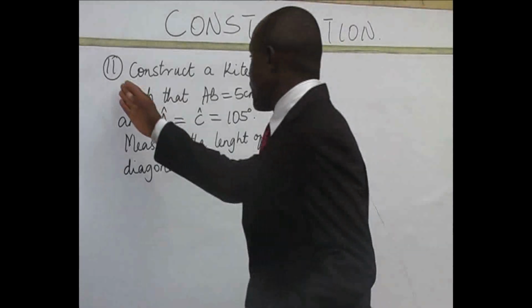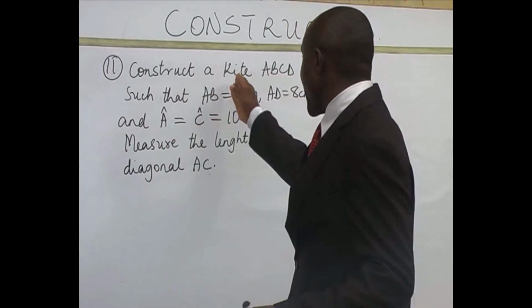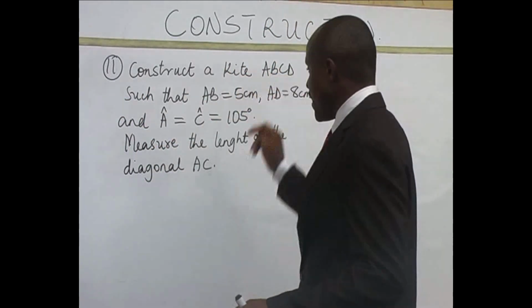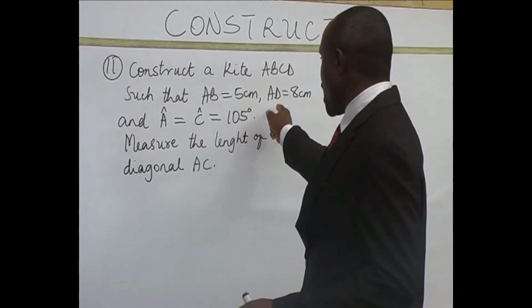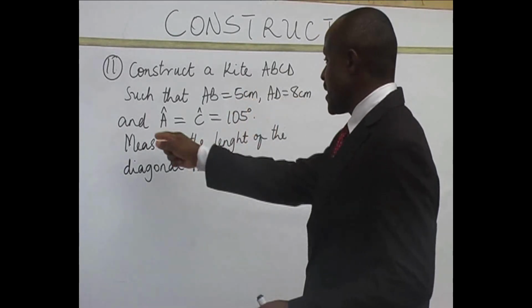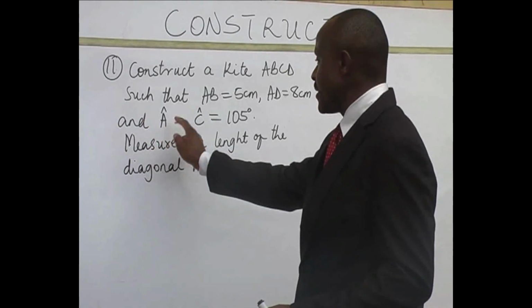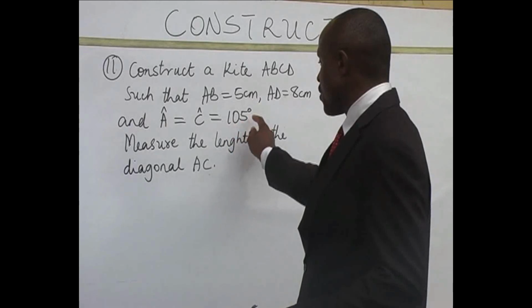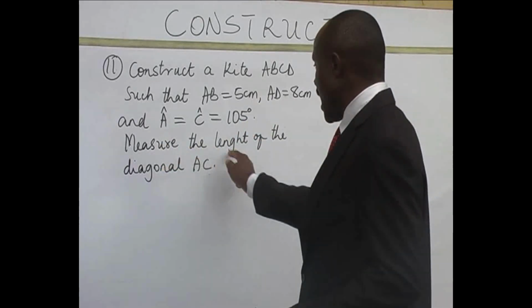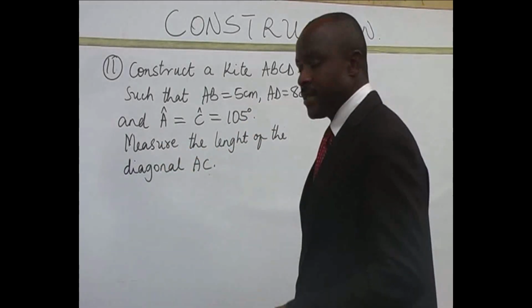Question number 11 has asked us to construct a kite ABCD such that AB is 5 centimeters, AD is 8 centimeters, and angle at A is equal to angle at C, and they are equal to 105 degrees. We are asked to measure the length of the diagonal AC.